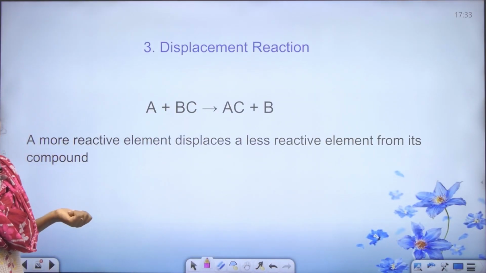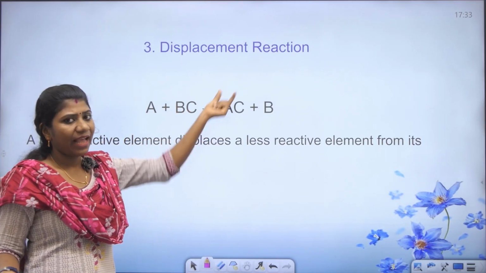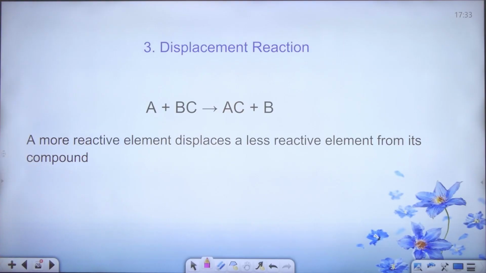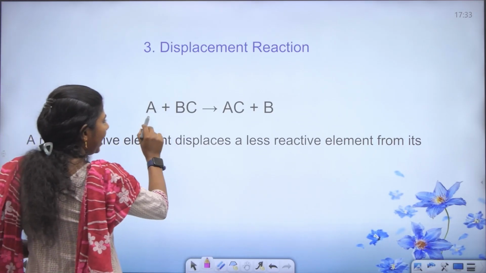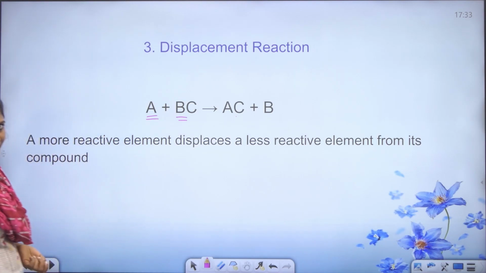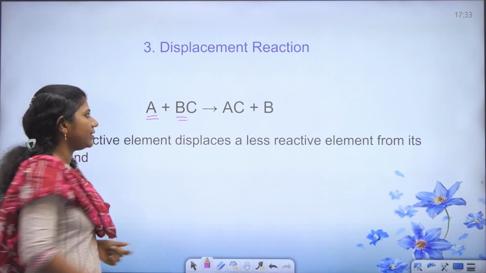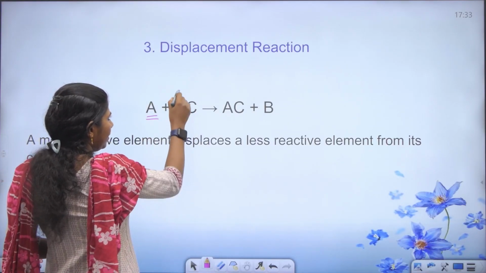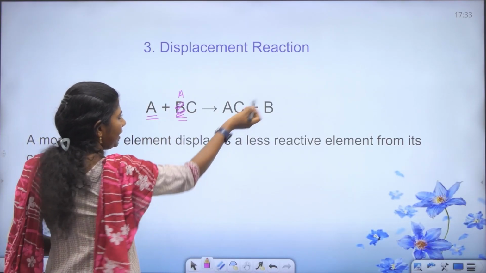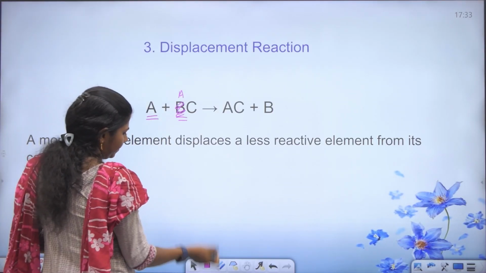It reacts with BC, a compound, to form AC and B. Here A displaces B to form AC and B. This type of reaction is called displacement reaction.